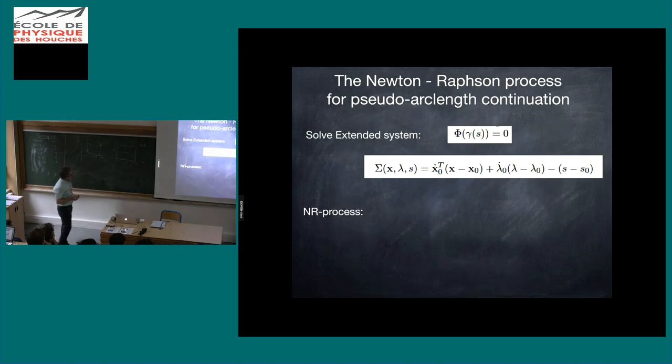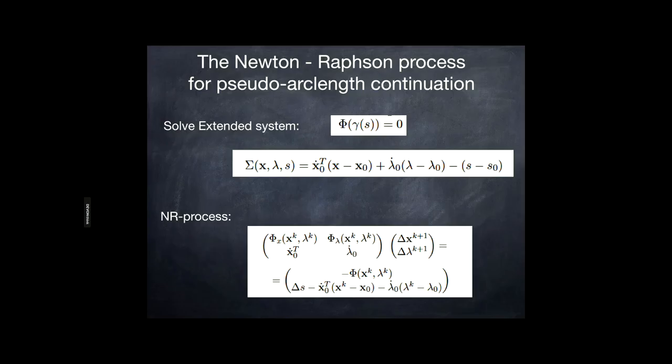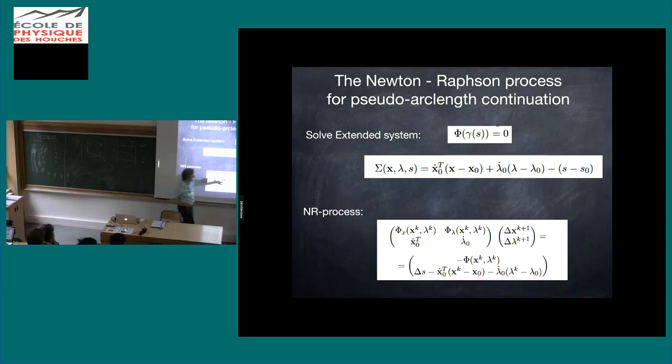And now how do you do that in this extended system? You compute the Jacobian. You differentiate with respect to x, which gives a Jacobian matrix of phi itself. Then you differentiate with respect to the parameter, and you get this x dot and lambda dot, which multiply the lambda and x increments. So this is the Jacobian matrix, this is the step increase, and then you get the right-hand side.